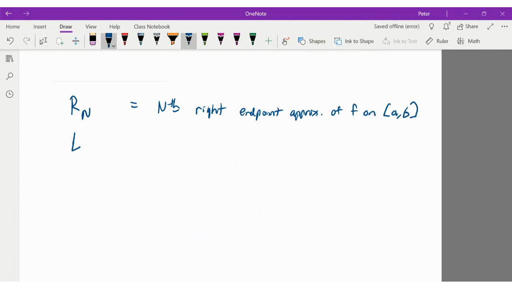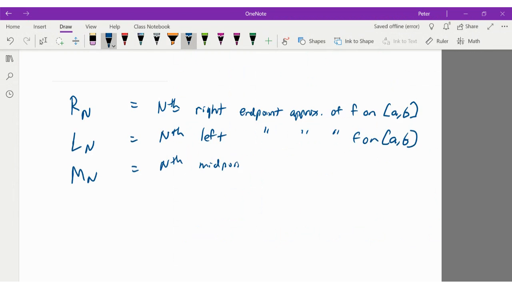And Ln is the nth left endpoint approximation, and of course we use the term Mn for the nth midpoint approximation of f on AB.